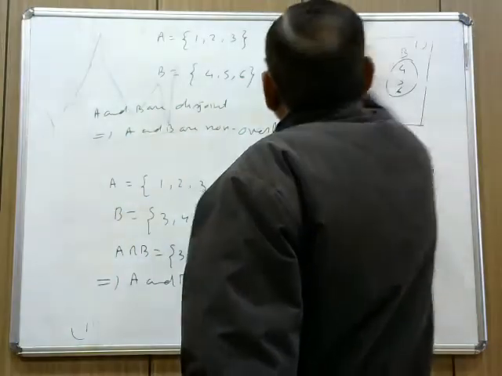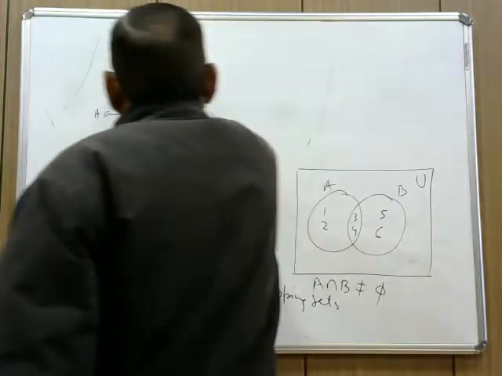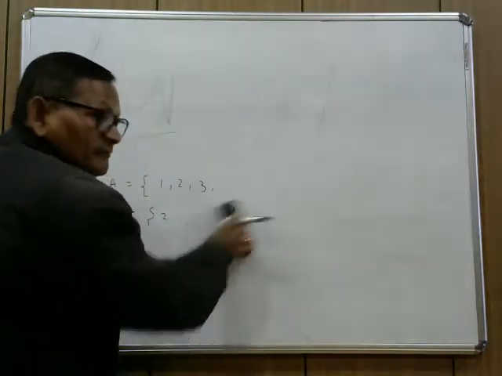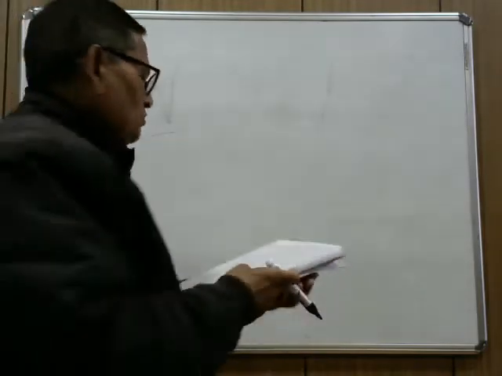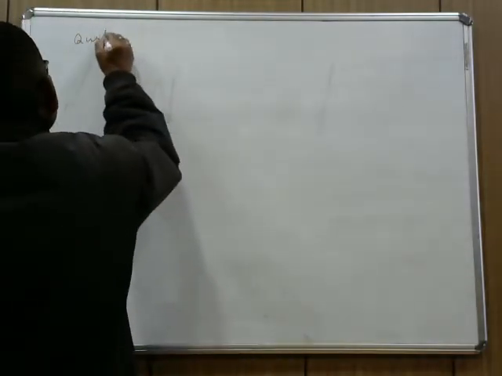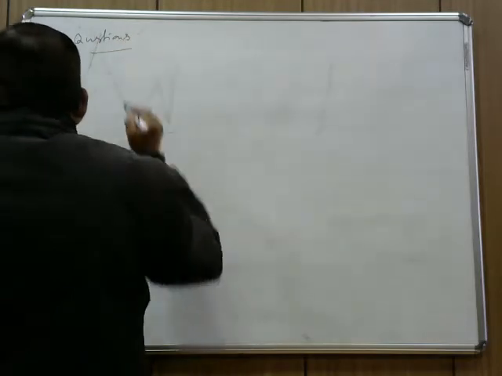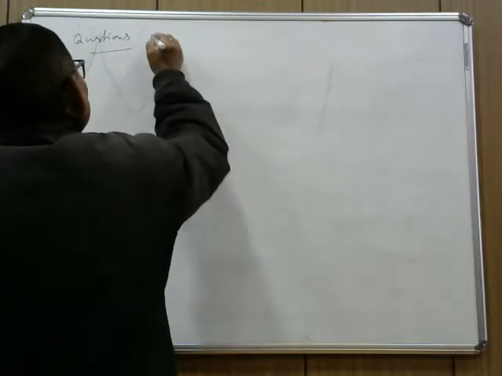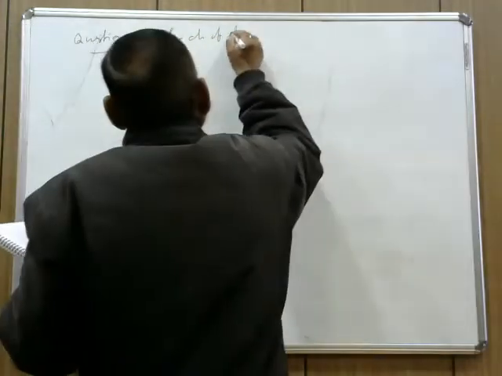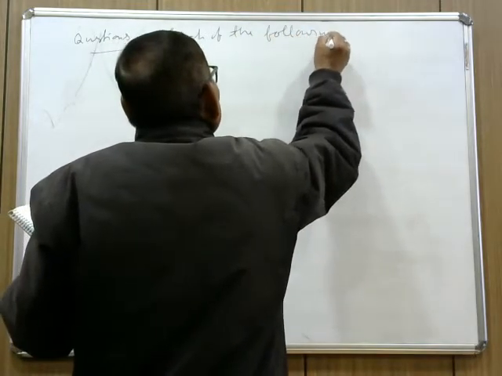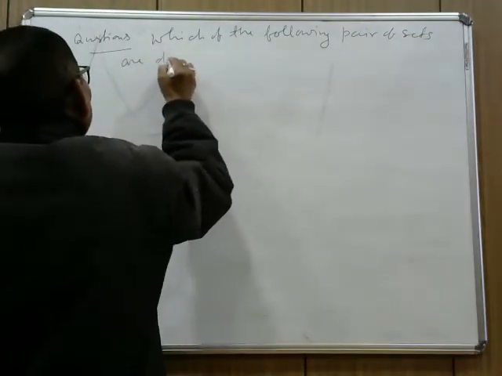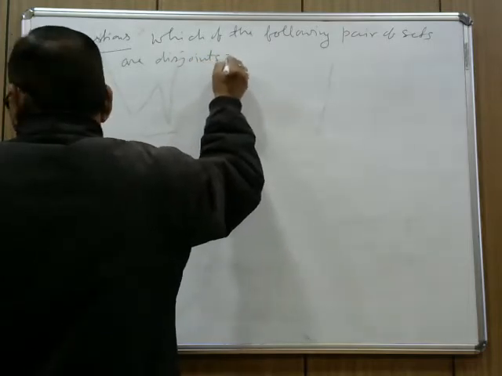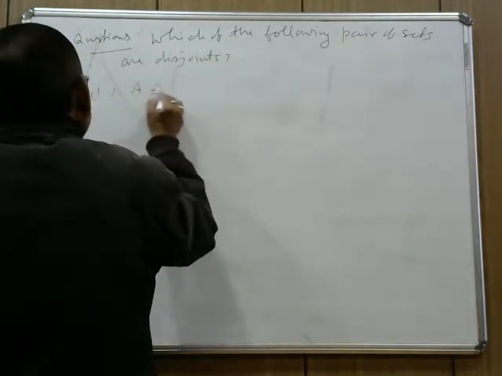Now, question. Which of the following pairs of sets are disjoint? First, A is equal to {1, 2, 3, 4}.